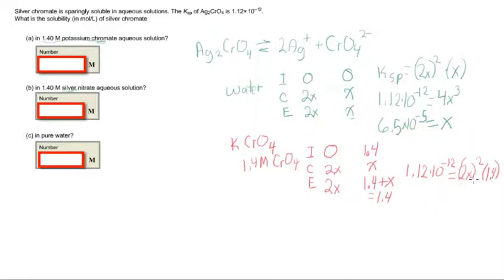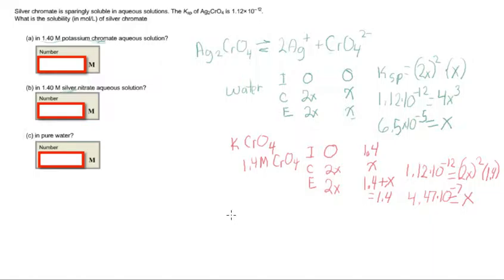Okay, so I'm going to divide by 1.4, divide by 4, because 2 squared is 4, and then take the square root, so I'm going to get an x equal to 4.47 times 10 to the negative 7.